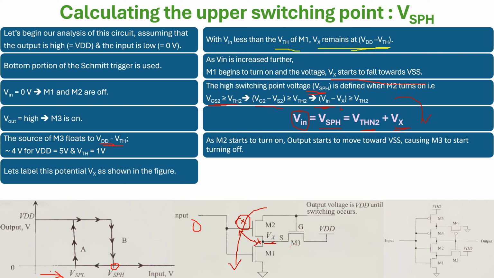Now what is happening as it is moving towards VSS, this Vx goes further down. Making this VSS and making this also VSS, the VSS minus VSS is equal to 0. It means VGS3 is lesser than VTH and M3 will turn off.